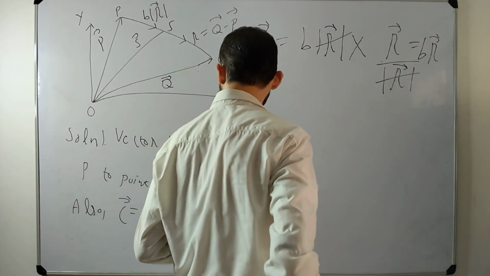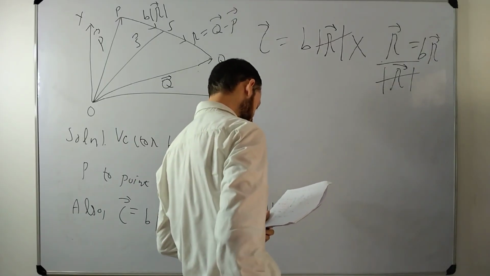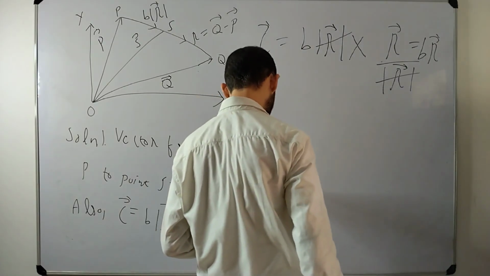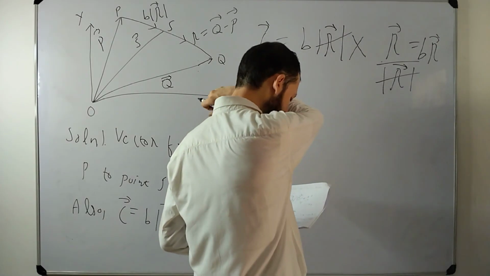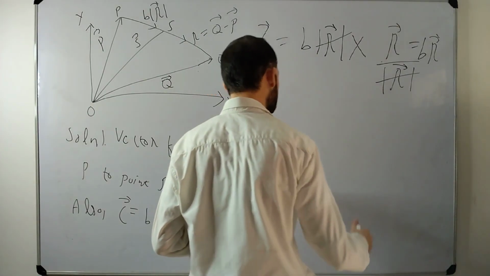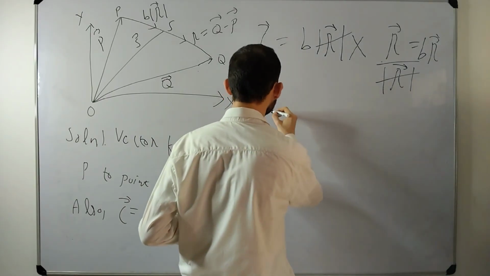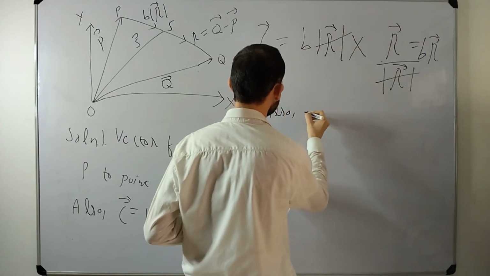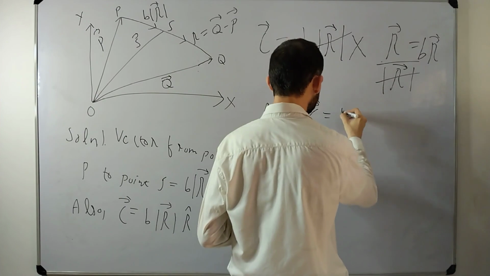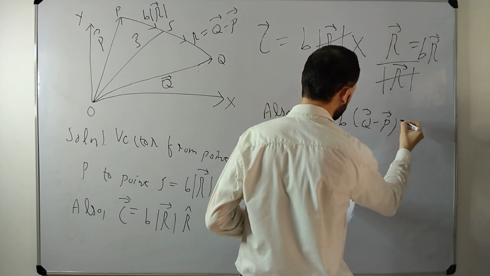Okay. Yes, sir, we have understood what you are saying. So you have supposed the whole thing. Yes, student, I have. And C vector also, C vector is B, Q minus P. Right, now from the figure.